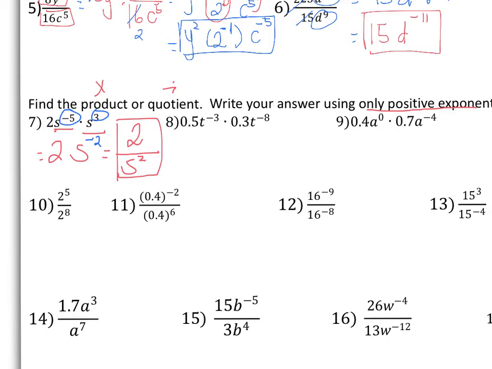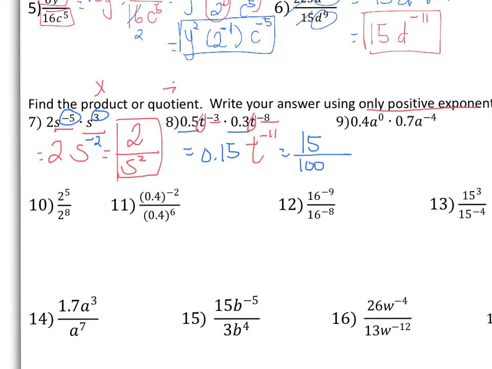Number 8. 0.5 times 0.3 is 0.15. And I notice that I have t and t here, so I can add negative 3 and negative 8. So t to the negative 11 power. Okay, so now I can change 0.15 to a fraction. 15 over 100.